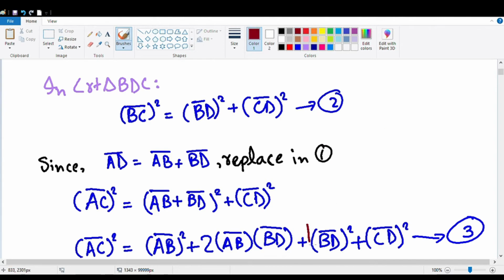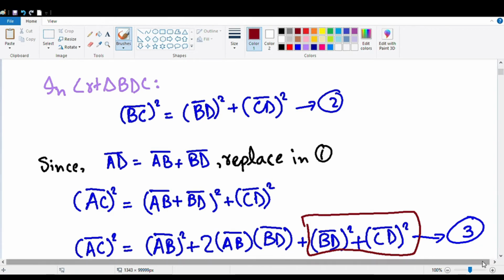I see that BD squared plus CD squared is common in both equations, and I also see that in equation number 2 it's equal to BC squared. So if you're thinking what I'm thinking, we should replace BD squared plus CD squared with BC squared. Let's replace it with BC squared. Come on.